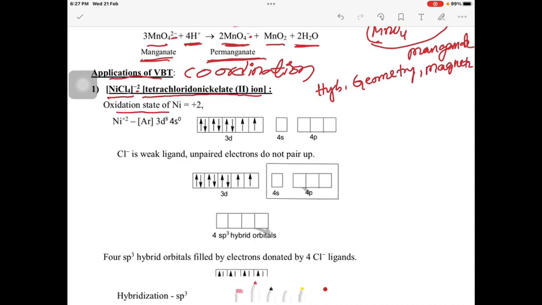The oxidation state of nickel is +2, Ni2+. Electronic configuration for that is [Ar] 4s0 3d8. So the orbital diagram: 3d8, 8 electrons, 4s0, 4p0. Cl minus is a weak ligand, so unpaired electrons do not pair up. Electrons fill in the orbitals according to Hund's rule.